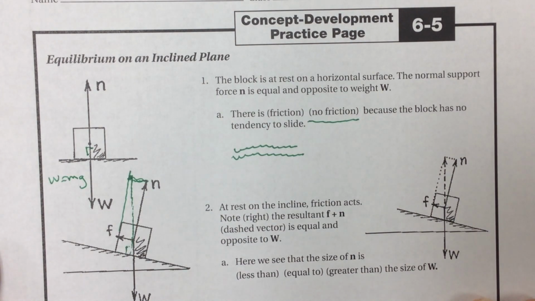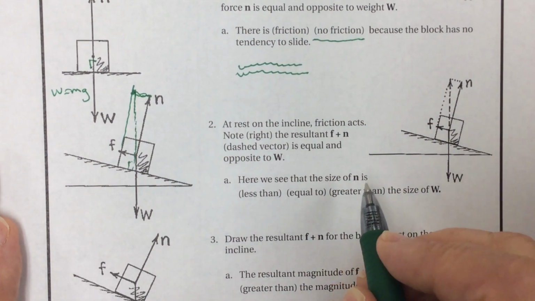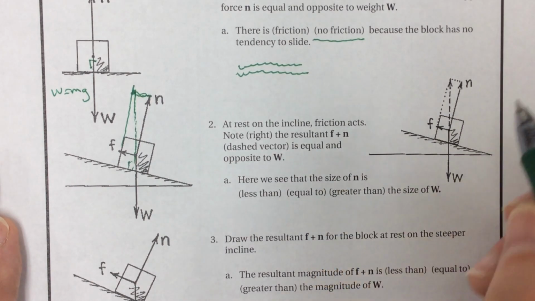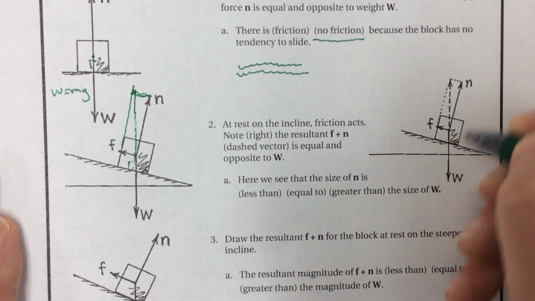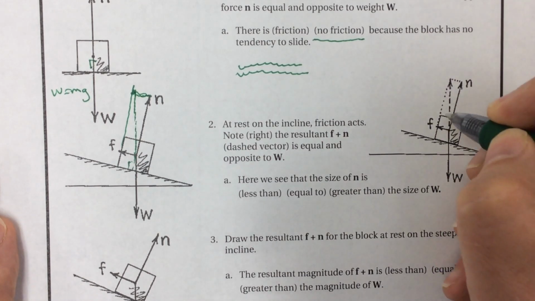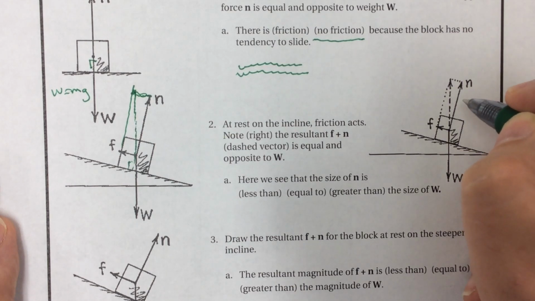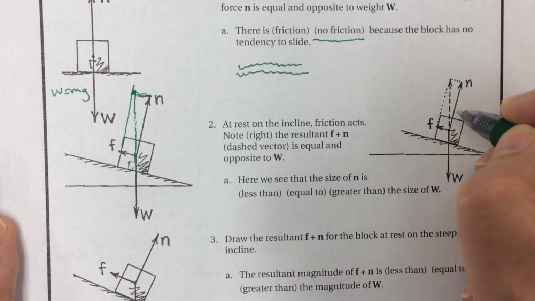Okay, so next question. Here we see the size of N. Here's W and here's N. The resultant is equal to W, so it's the hypotenuse of that triangle. Anytime you have a right triangle, the hypotenuse is bigger.